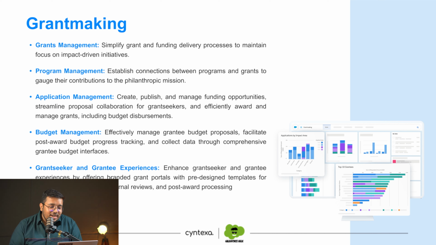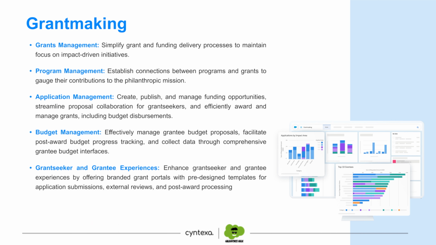Basically, a program would be linked directly to a grant, because obviously they give the money for a certain reason. So they would be specifying that your program needs to do these things according to us, and they have to do all of that. Application management is where the organization would be managing those applications. Then we have budget management, where they would be able to see the money that was given, how it was spent, how it was utilized. Then we have grant seeker and grantee experience.